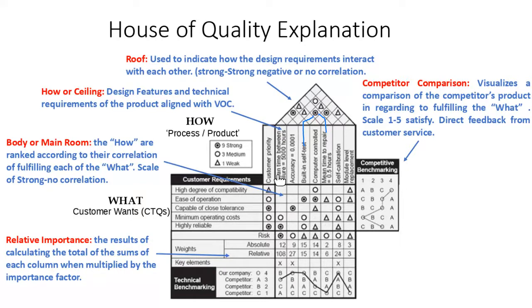Also, we identify the voice of the customer, or the weight of the voice of customers, here in this column by hearing from the customer. Now, the high reliability, would you consider this strong, medium, weak, or high, medium, low? He said, yes, it is high for me, or it is strong for me. Then that's why we put this sign.